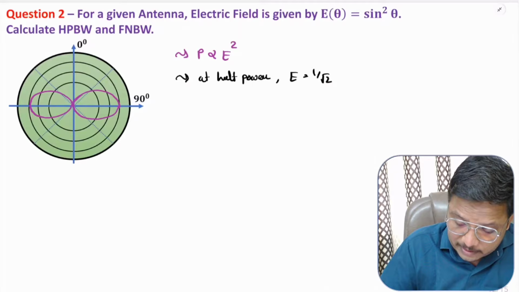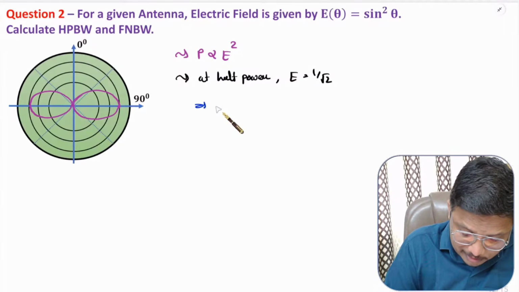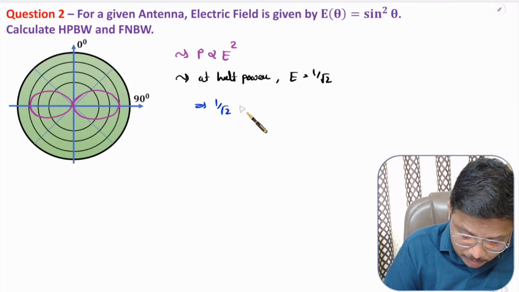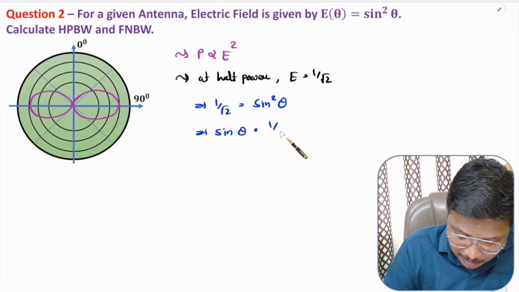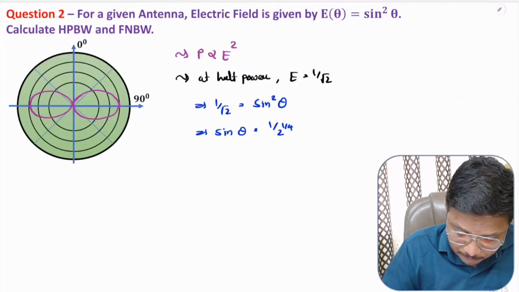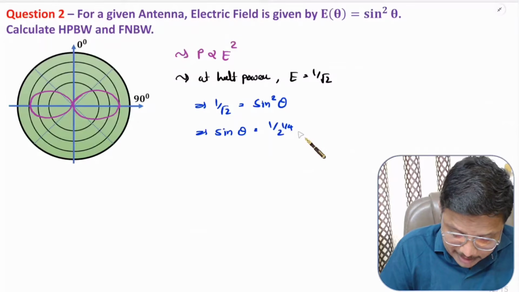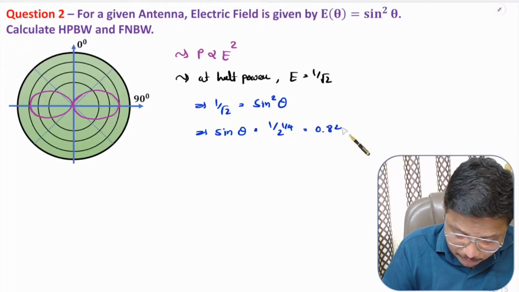If electric field is 1 by root 2, then 1 by root 2 equals sine square theta. Then sine theta is 1 divided by 2 to the power 1 by 4. If you solve this, you will be getting 0.84.